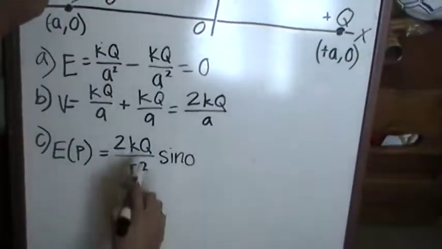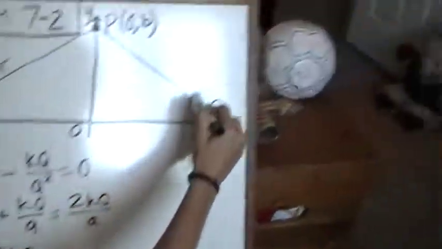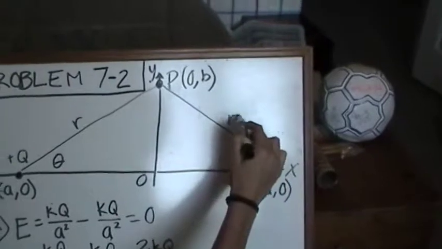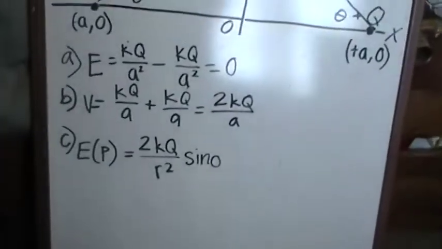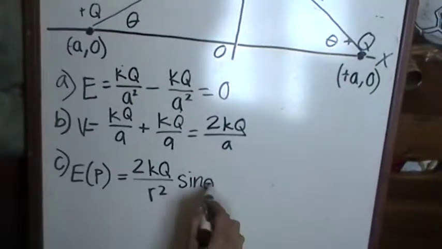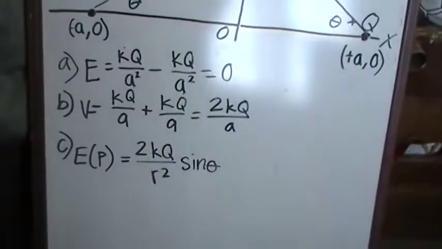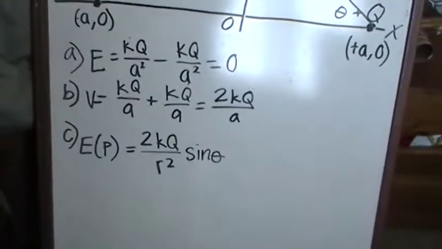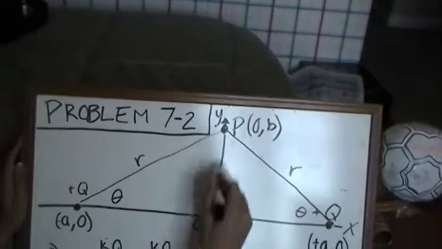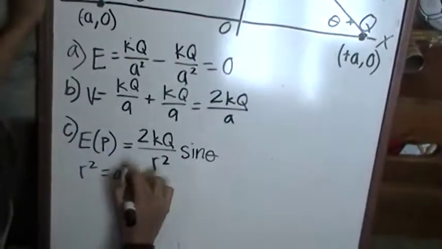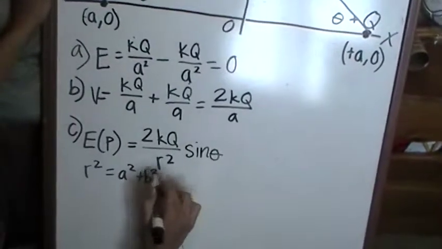Therefore 2KQ over R squared. And you have the same exact symmetrical triangle on this side, with that being R. So then, to calculate sine of theta, you have A and then B, because that's our B. So you have R squared equals A squared plus B squared.